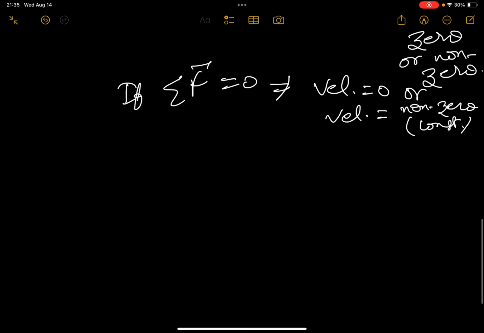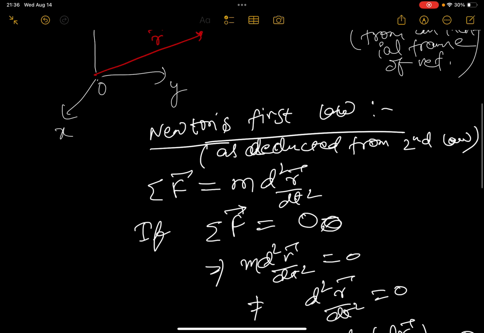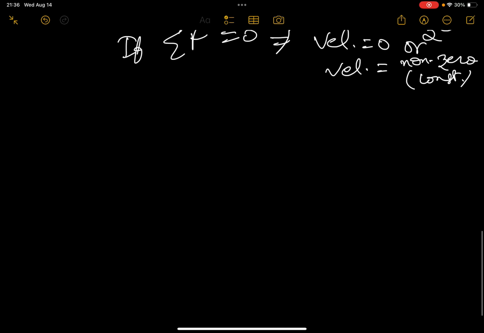So now this Newton's second law is valid for an inertial frame of reference. Now let's see how we can develop techniques to apply Newton's second law in non-inertial frames of reference also.